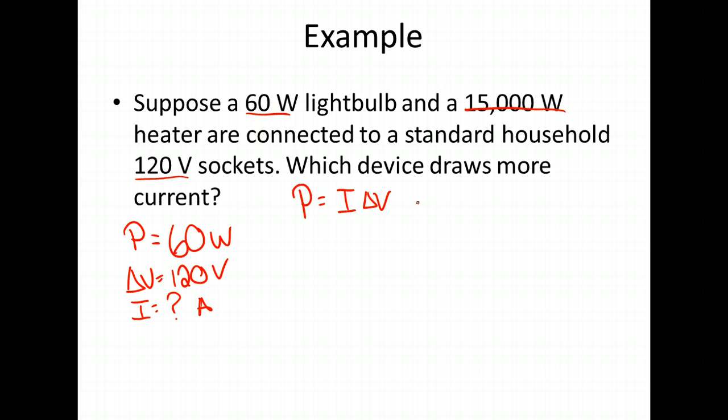So how much current does my light bulb draw? 0.5 what? Amps. Okay. And then how much current does my heater draw? Right? And so this is for the light bulb. And then can I get somebody to confirm those?